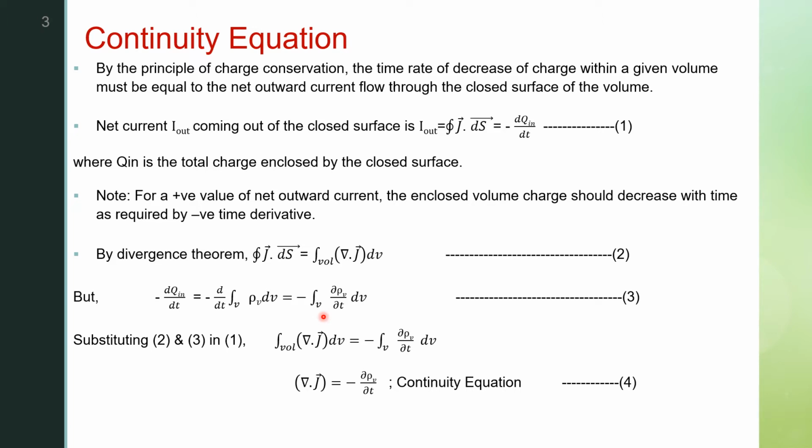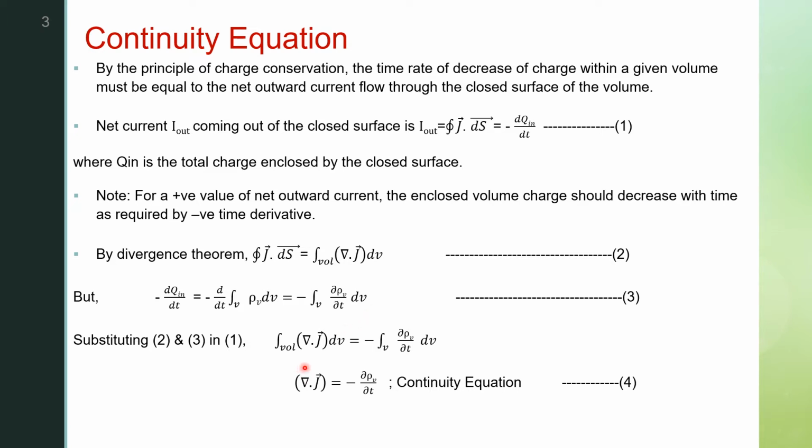So substituting equation number 2 and equation number 3 in equation number 1, we will get surface closed integral J dot dS, that is same as volume integral del dot J dv, that's equal to minus d by dt of Q in, which is same as minus volume integral dou by dou t of rho v dv.